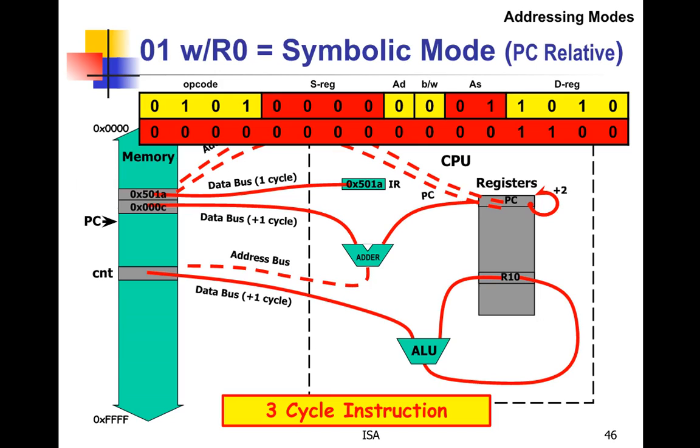And this is actually a 3 instruction cycle again, because you can notice it takes more instruction cycles when you have more memory accesses like we had to do here. So that's symbolic mode. That's what happens when we put a variable like count down at the bottom of our program.